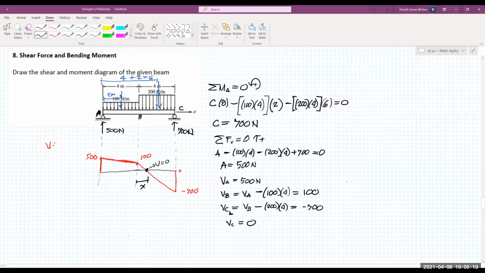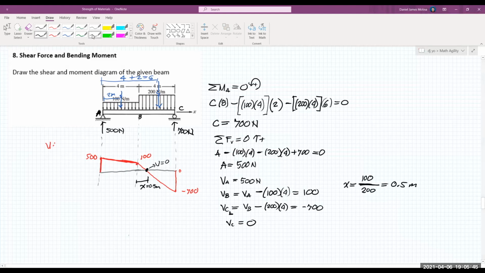But for convenience, we can use a shortcut. The length x here is the shear, that is 100, divided by the magnitude of the distributed load at BC. So 100 divided by 200 is equal to 0.5 meters. So this is 0.5 meters.